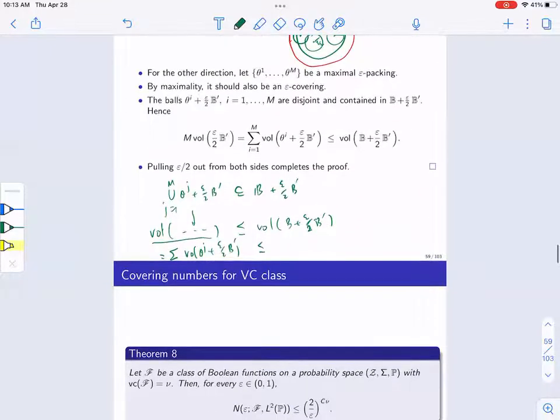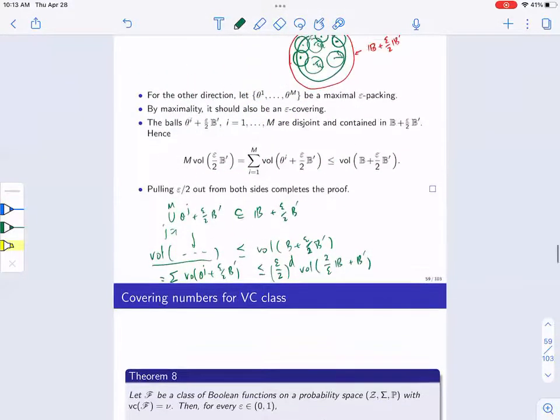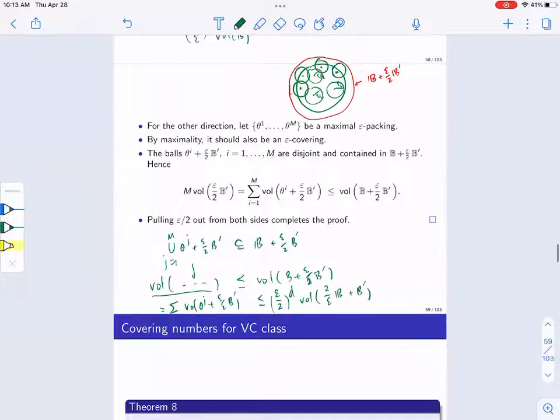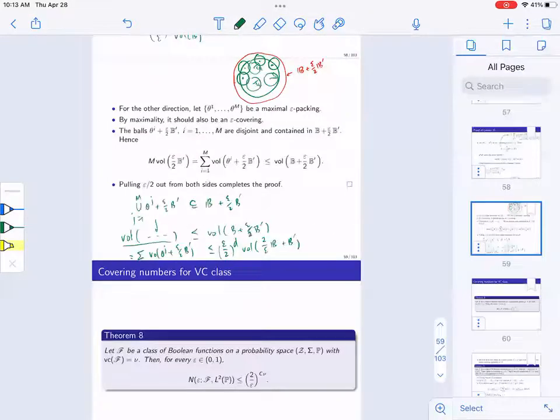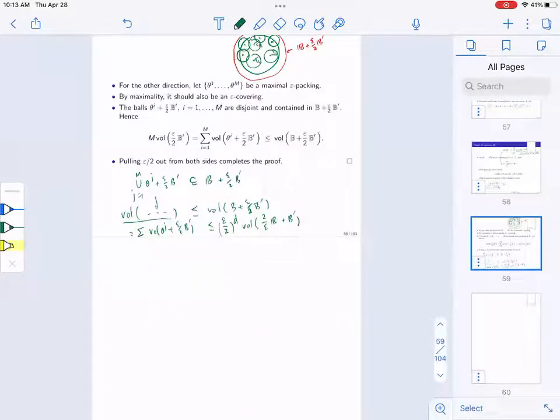Yeah, let's factor out (epsilon/2)^d, and I get the volume of 2/epsilon B plus B prime. And then this side, I get a summation over j from 1 to m.